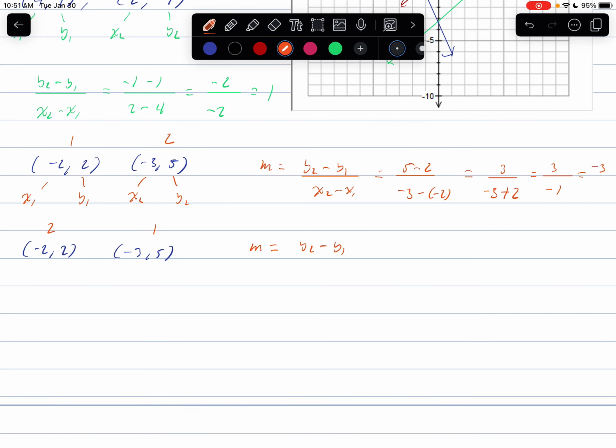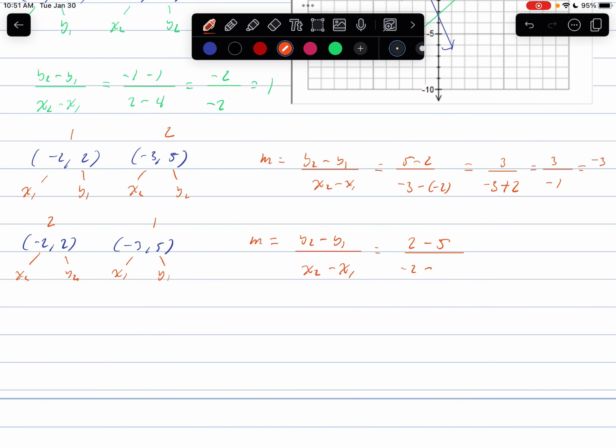So in this case, we would get still y2 minus y1 over x2 minus x1. So in this case, our y2 is going to be 2, and our x2 is going to be -2. Our x1 is going to be -3, and our y1 is going to be 5. Okay, so here we'd have 2 minus 5 over -2 minus -3.